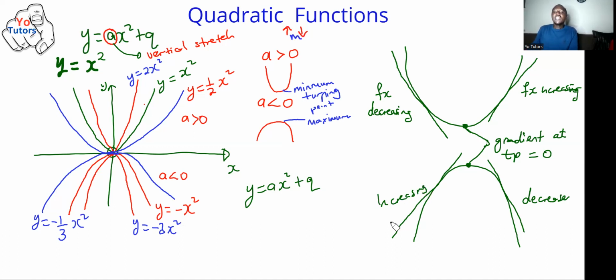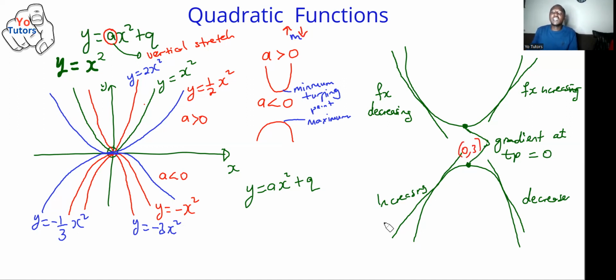Now let's say, for example, your turning point is maybe 0 and 3. Let's say it's the turning point. The coordinate there is actually 0 and 3.